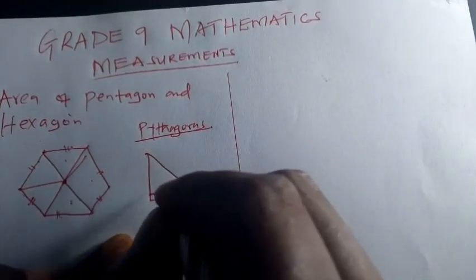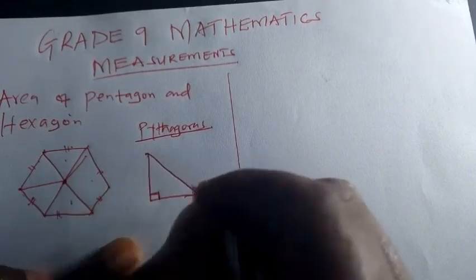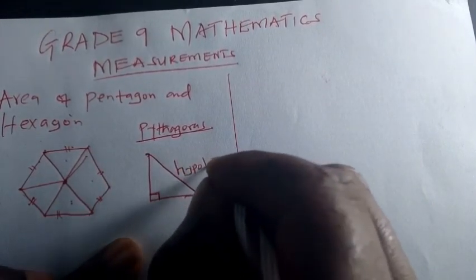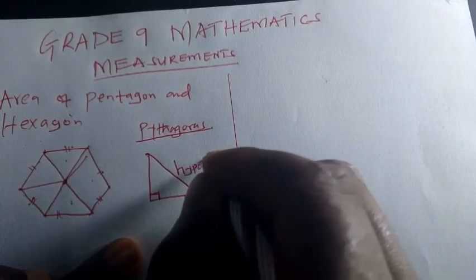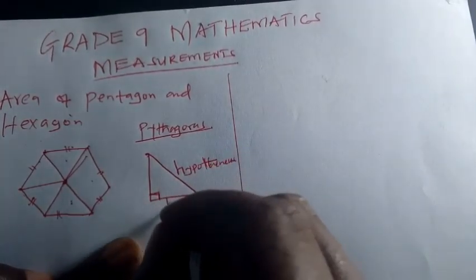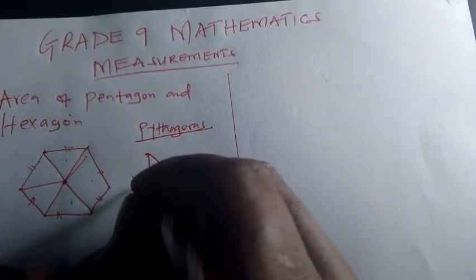So this is a right-angled triangle. This longer side is called the hypotenuse. This is the base, and this is the height.